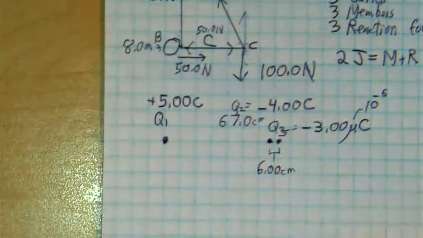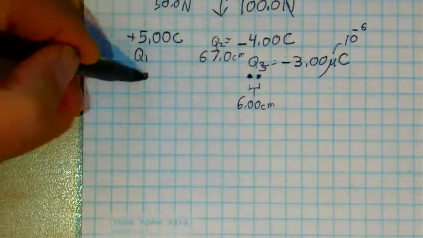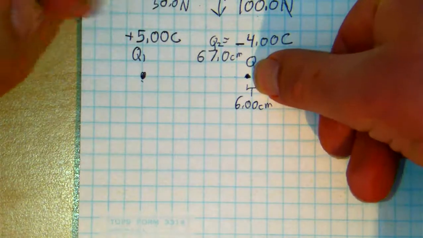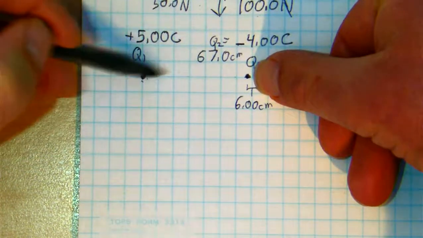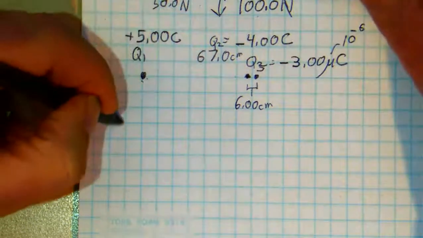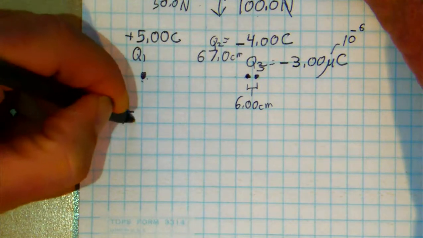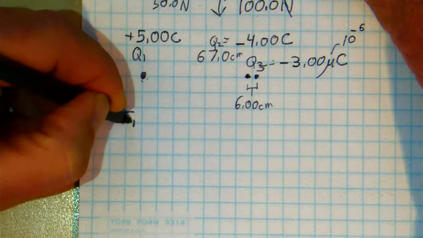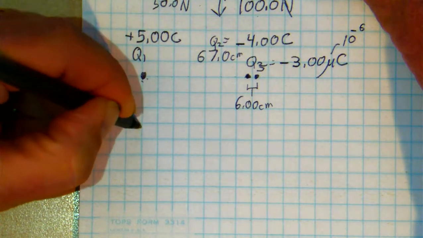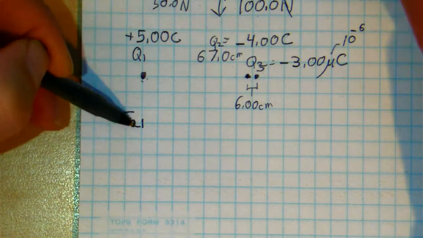So the process I'm going to do is to first find the net force on Q1 by shutting off Q3 and calculating the electric force acting between Q1 and Q2. So the force on Q1, I'm going to write this as the force of Q2 acting on Q1. So I'm writing F21.